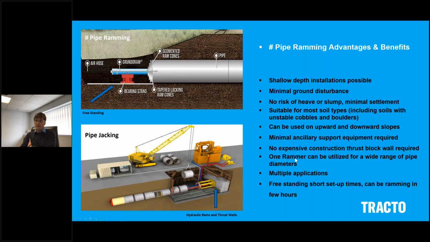One rammer can be utilized for a wide range of pipe diameters. There are, as we've seen, multiple applications, and with it being freestanding, there are very short setup times, but also very short demobilization times.